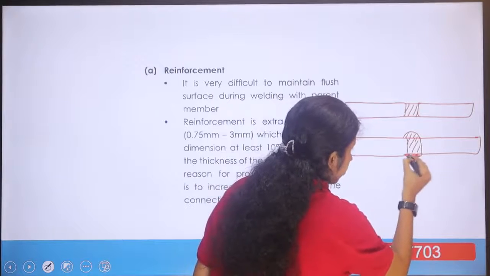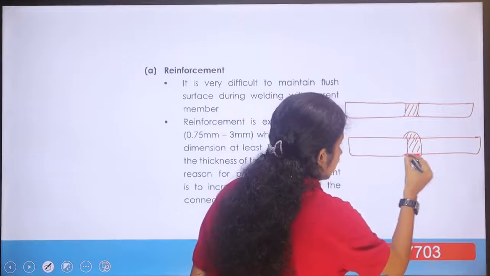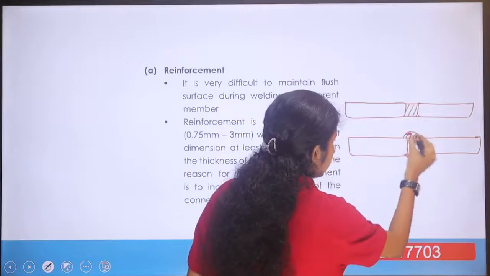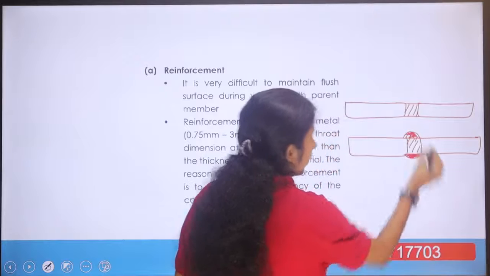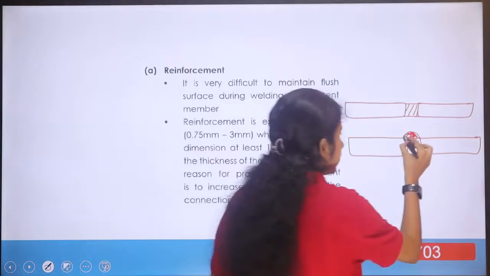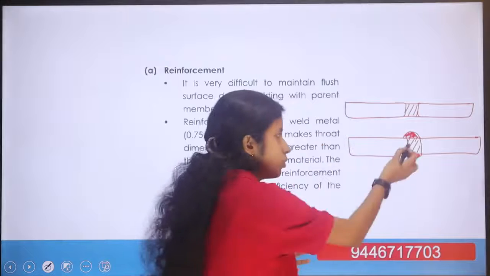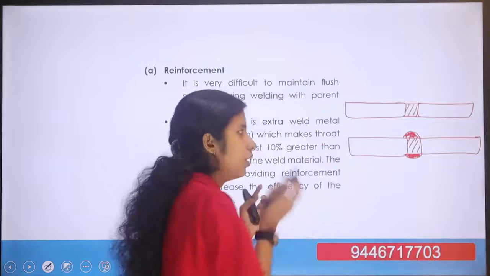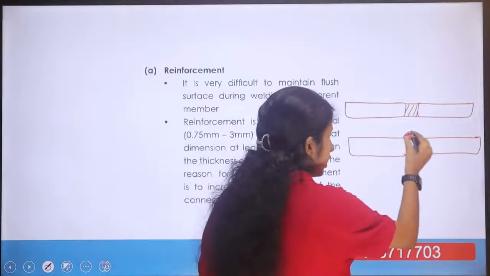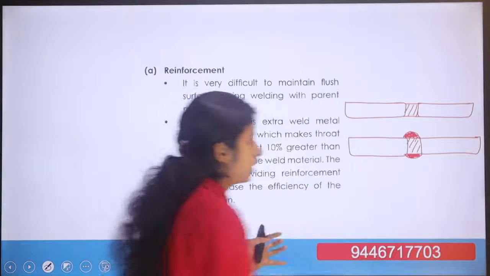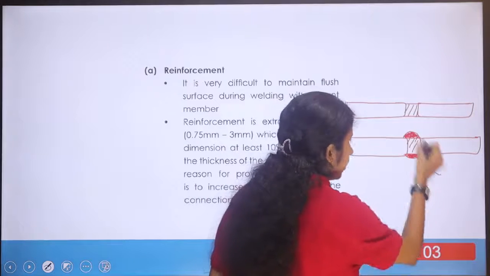This bottom and top shaded portion is the reinforcement section, that is, the thickness projected above and below the plate thickness is known as reinforcement.